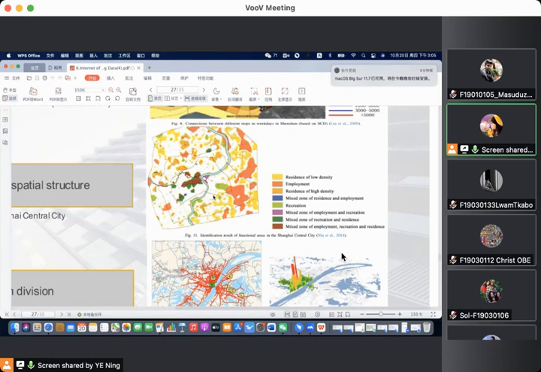And green is recreation areas, and this purple color means the mixed zone of employment and recreation. It's great that we can calculate the percentage of the population and their occupations in a city. It's very useful, right?